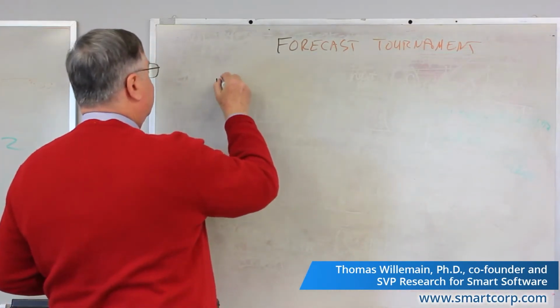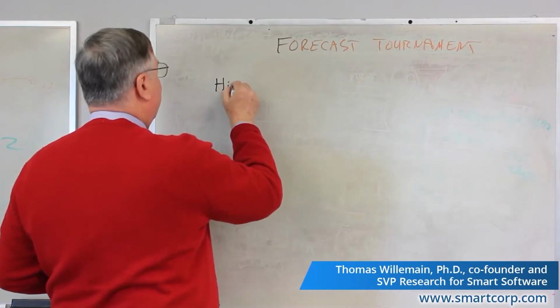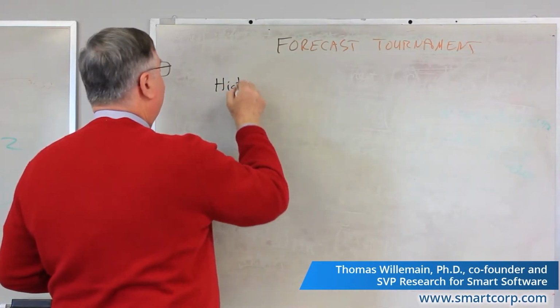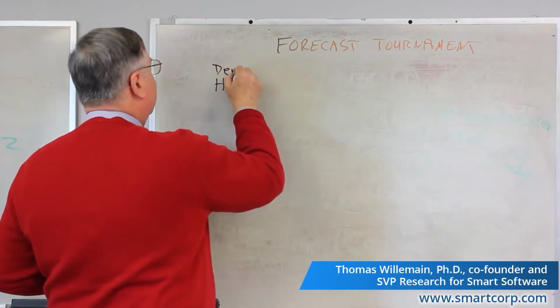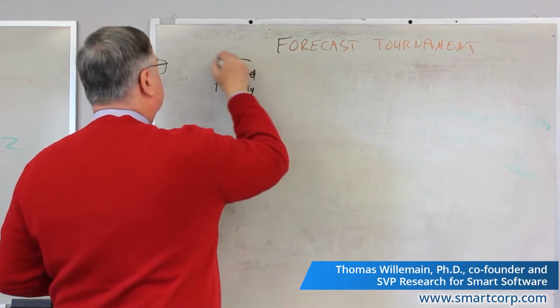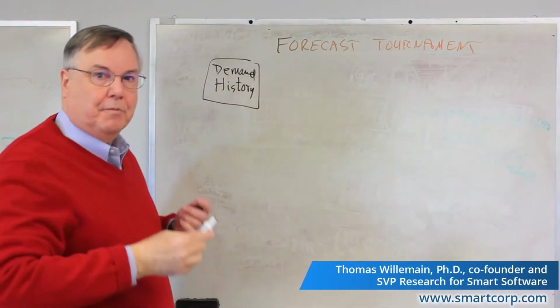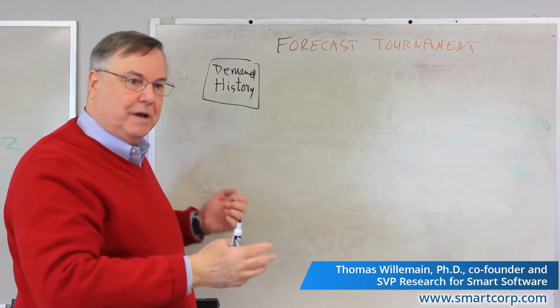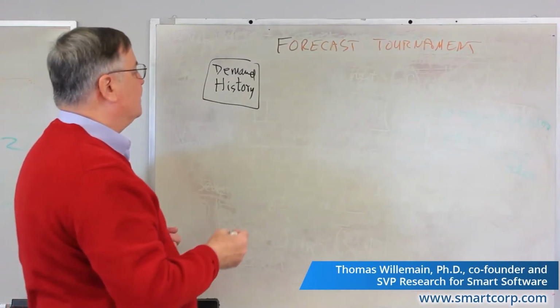So we'll imagine that you're starting with the demand history of an item. That's your empirical basis. This is the way the item has behaved over time.